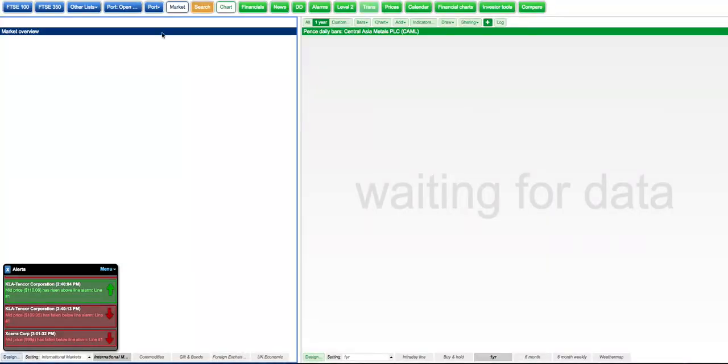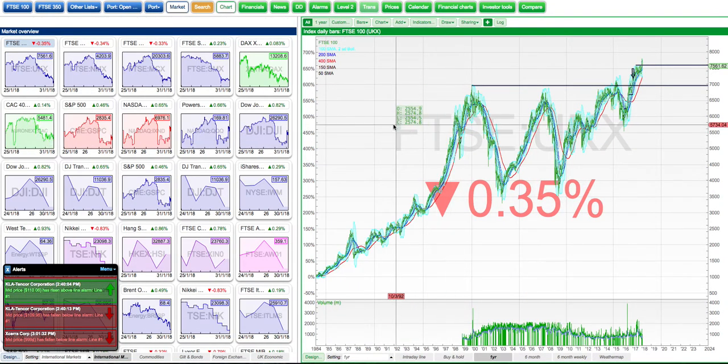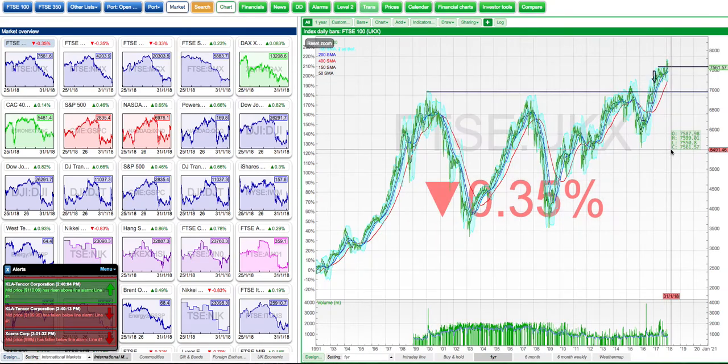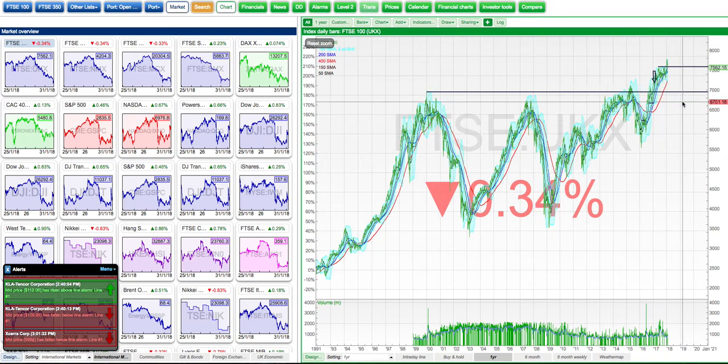Markets only really do three things. They go up, they go down, or they go sideways. They trend up, they trend down, or they trend sideways.